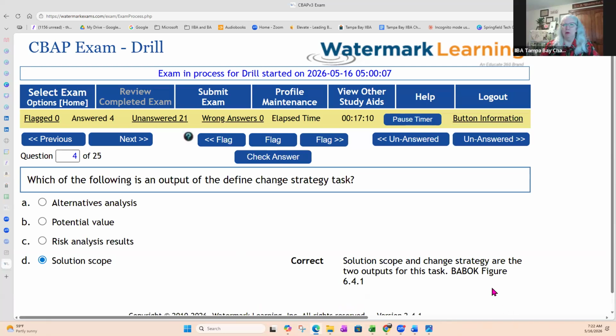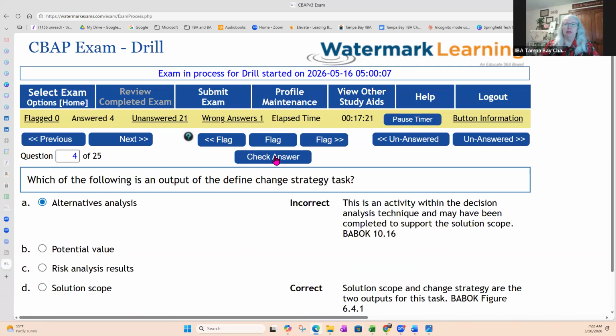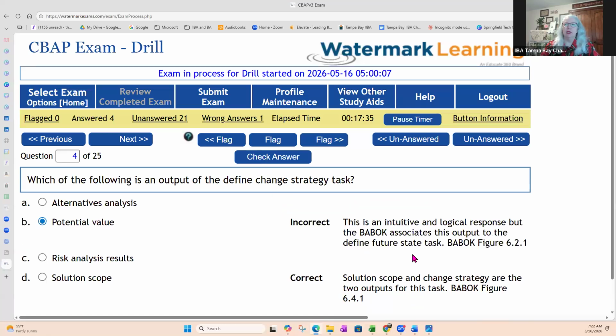The outputs of define change strategy are two: one is solution scope and one is change strategy. Alternatives analysis is an activity within the decision analysis techniques and may have been completed to support solution scope. And B is an intuitive and logical response, but the BABOK associates this output to the define future state task.